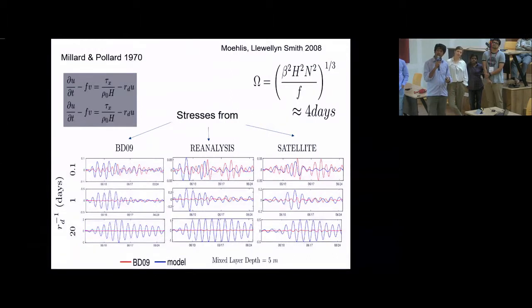However, we had to parameterize the decay using this quantity r_d, by trial and error. We find that r_d of the order of 1 per day is what gave us a reasonable agreement with the decay of the oscillations.